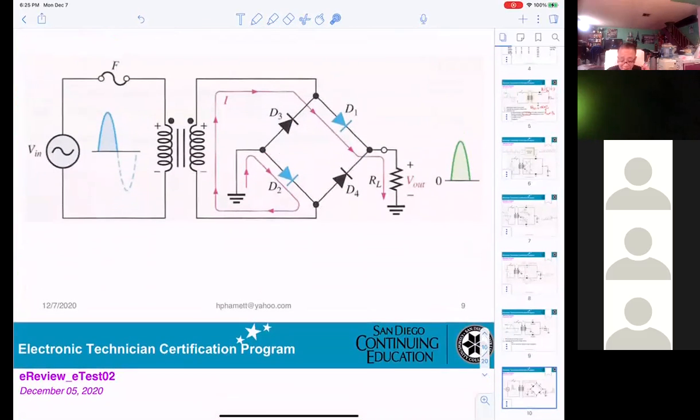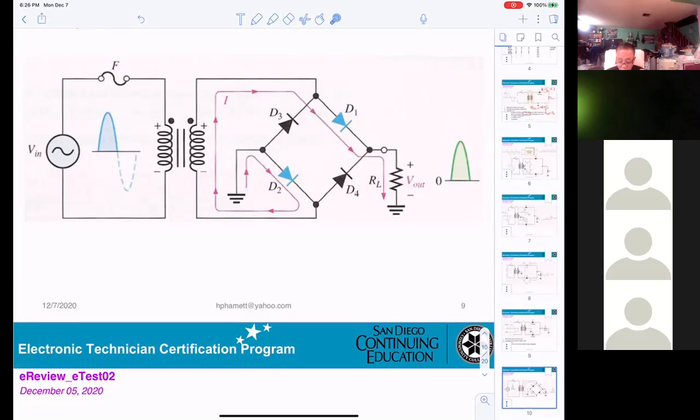Okay, now what's the name? Bridge rectifier. That means when you get a positive, which diodes will be on? When you get a positive, the diodes on will be D1 and D2.